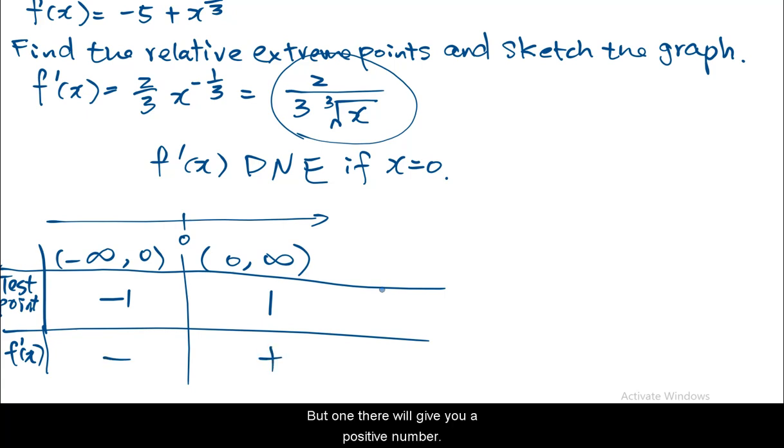Put 1 there, it will give you a positive number. So that means your graph will be decreasing on the left interval. Then it will become undefined, maybe a cusp or a corner, and then increase. So 0 here gives us a local minimum.